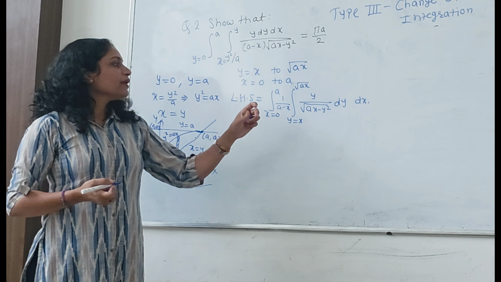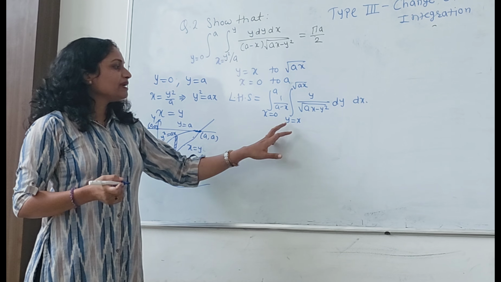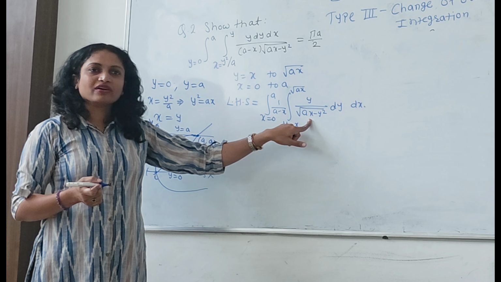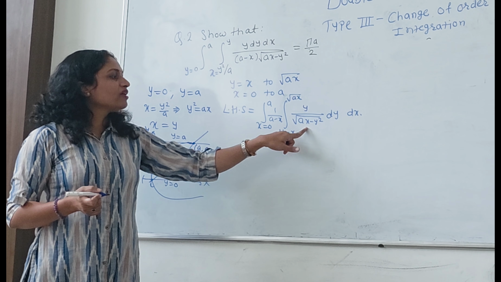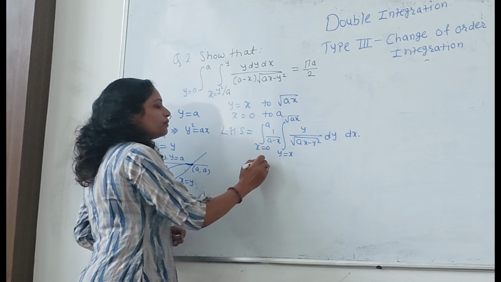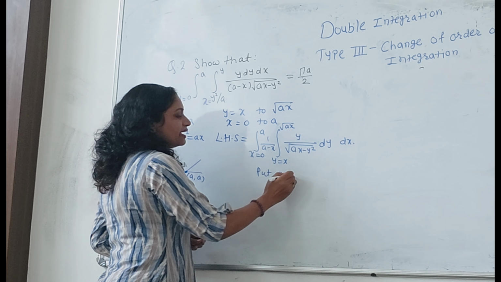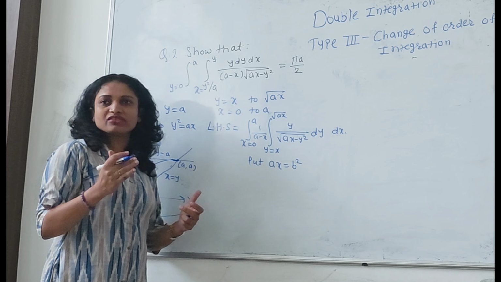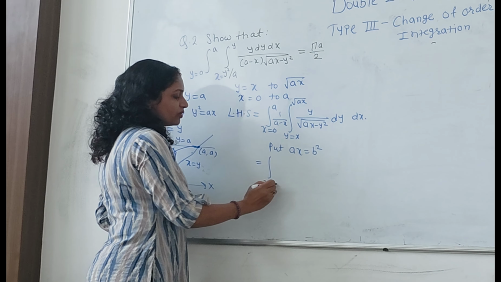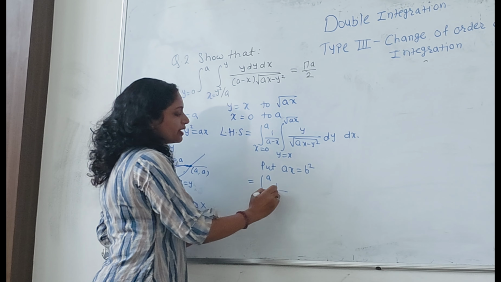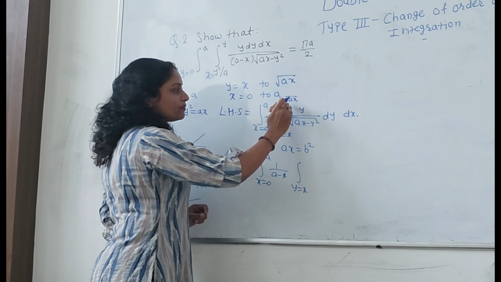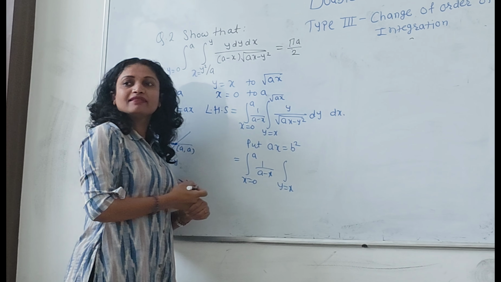Now, as you have limit x to root of ax with respect to y, this ax is constant, isn't it? So instead of this constant, let's put some other constant. Let's put ax equals b square. So this will become the integral x from 0 to a of 1 upon a minus x. What will be the change in the limit? y will be from x to root of b square, so it means b.